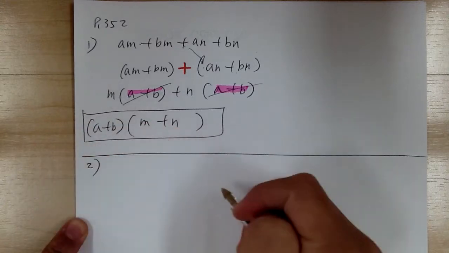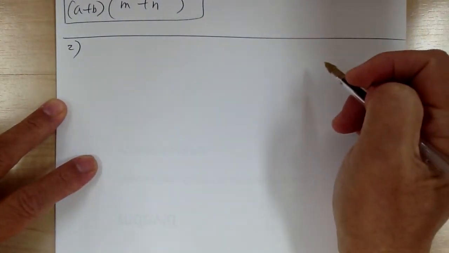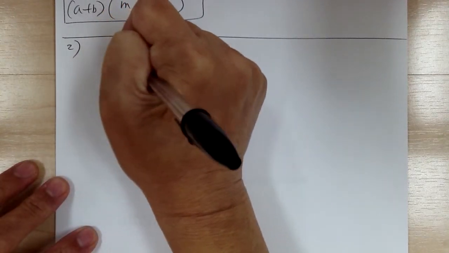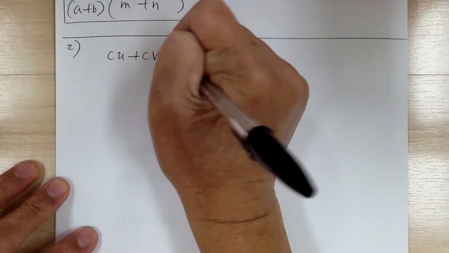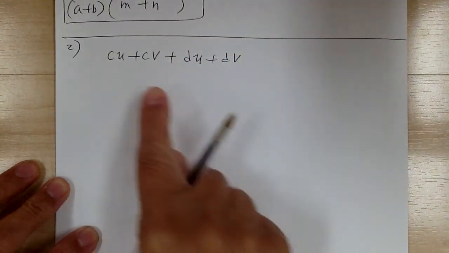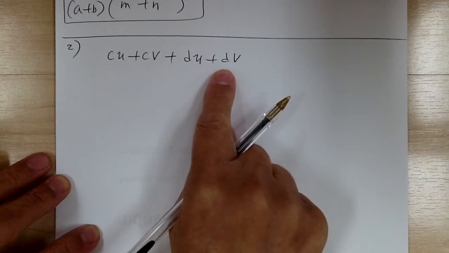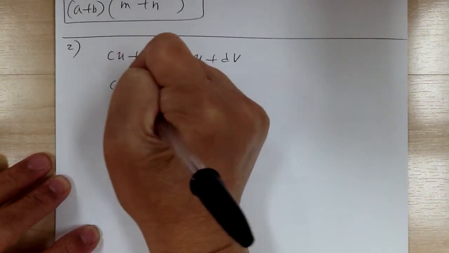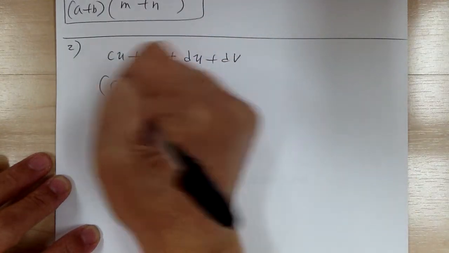Okay, let's go to number 2. You have CU plus CV plus DU plus DV. So again, step 1, common factor, cannot. Step 2, 4 terms, so you're going to do the grouping.